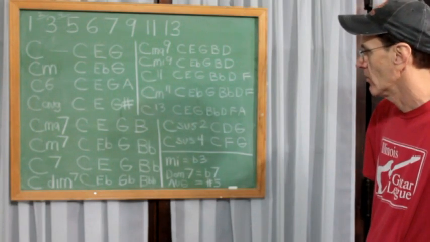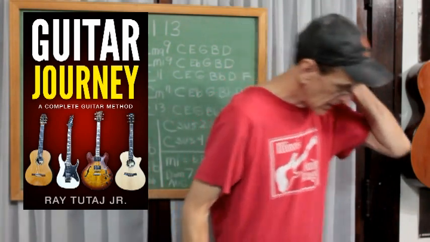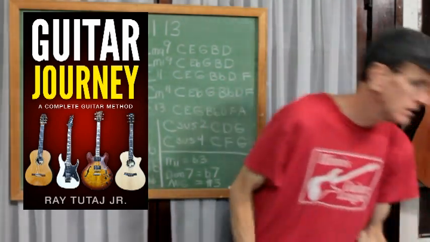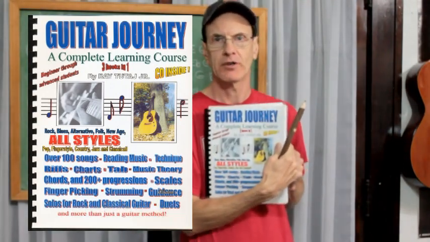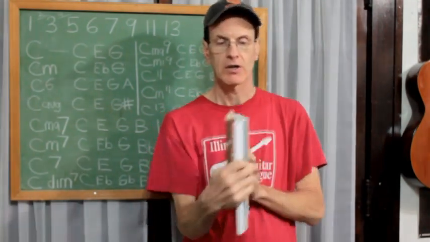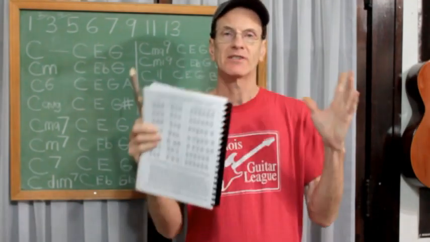All right, so I have in my Guitar Journey book on page 229 this chord spelling chart. I only have this book available on hard disk, PDF files, really nice and beautiful, and I've shipped out so many all over the world. It's a thick book, it has a ton of stuff in it, and quite a bit of theory.